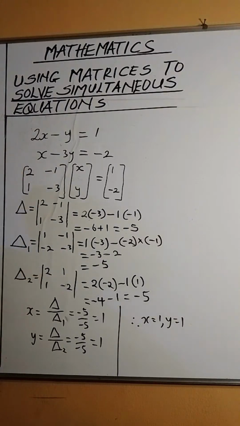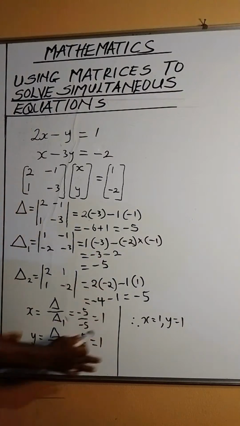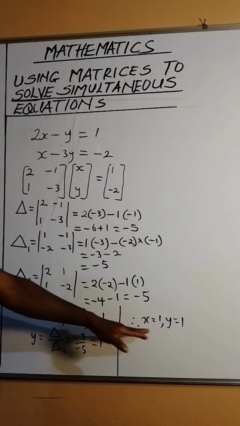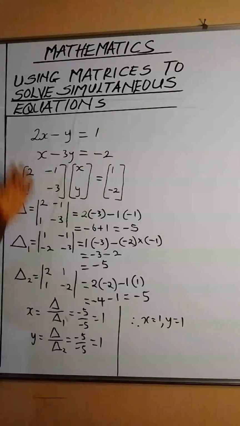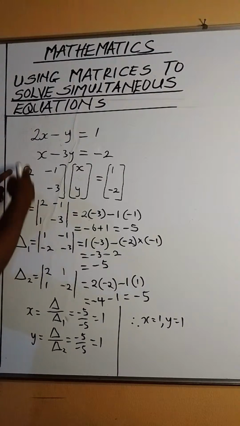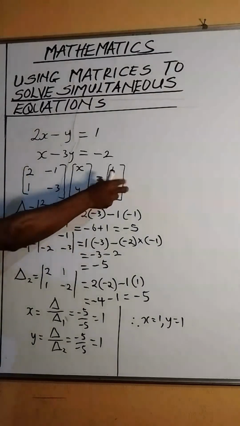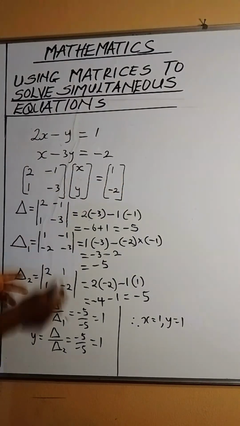It is called the determinant method. The determinant method helps us to determine the values of the variables in a system of equations by replacing each column with the constants. Okay, that's exactly how it is done.